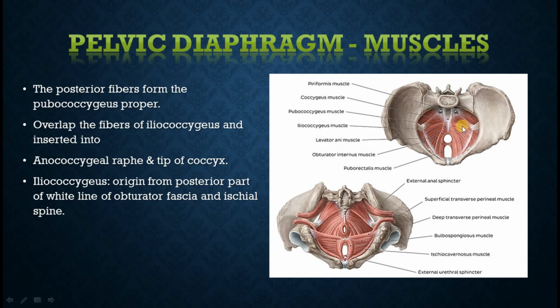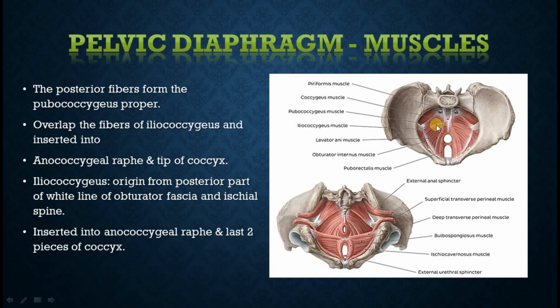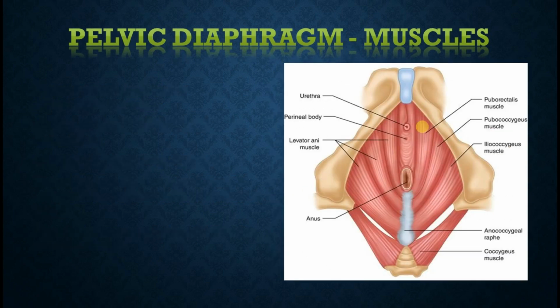On either side you see the ischial spine and the posterior part, and they get inserted into the anococcygeal raphe and to the last two pieces of the sacrum. Okay. So that is your iliococcygeus part from the posterior half of the white line and also from the ischial spine.